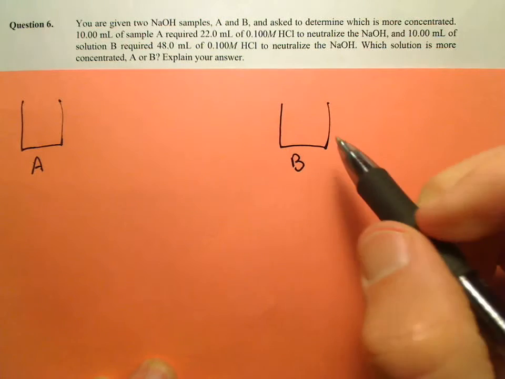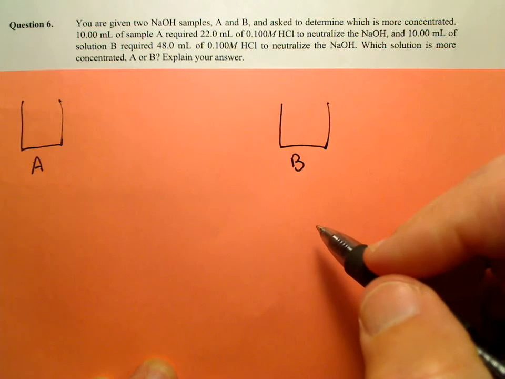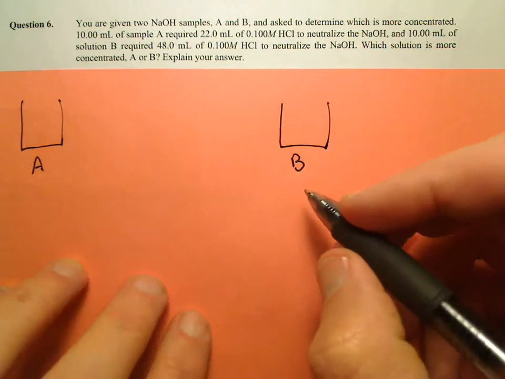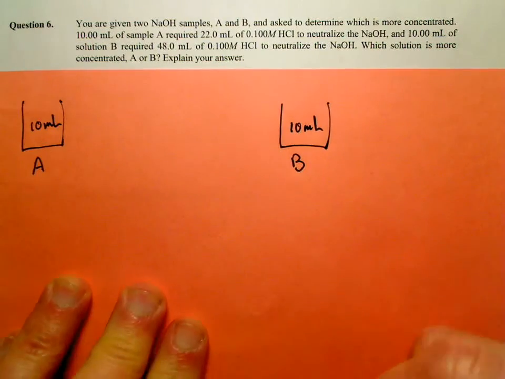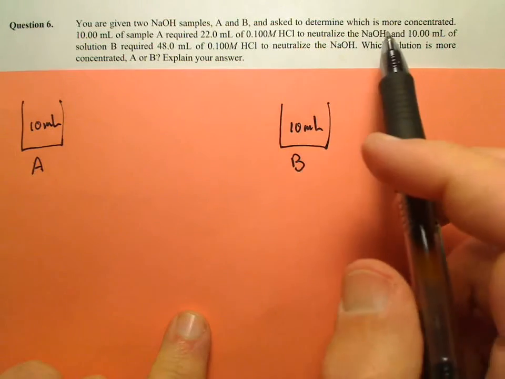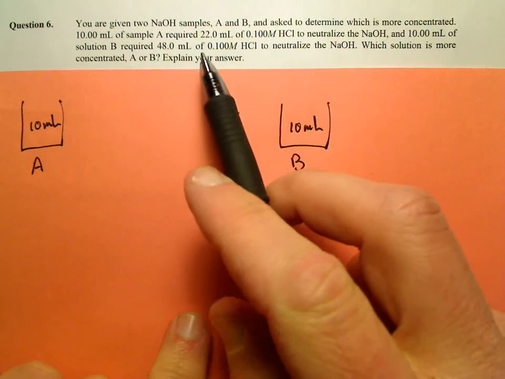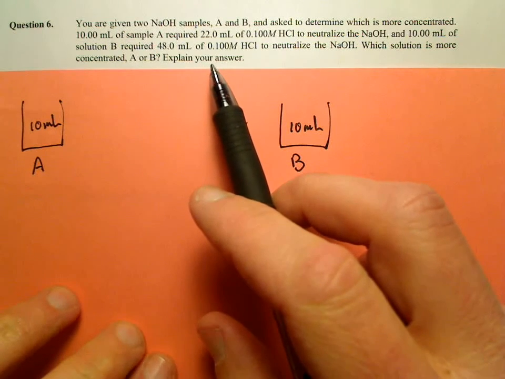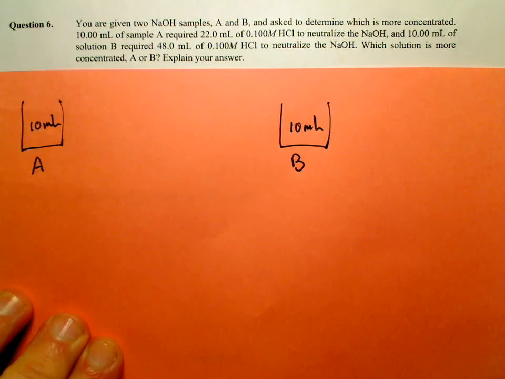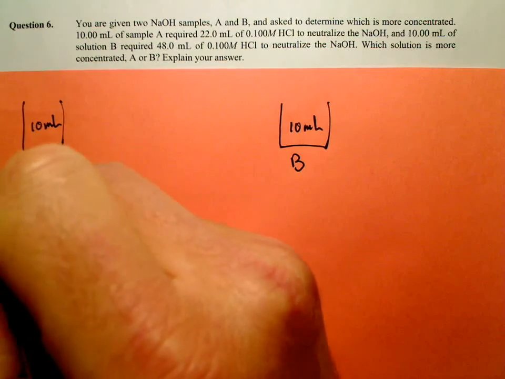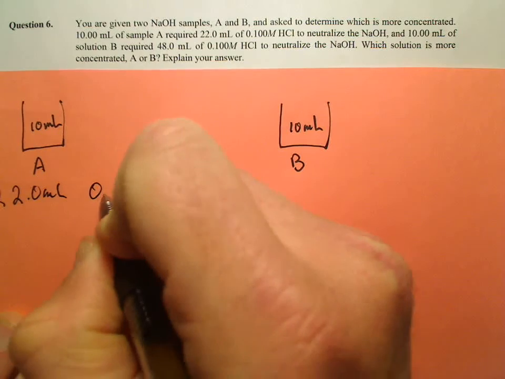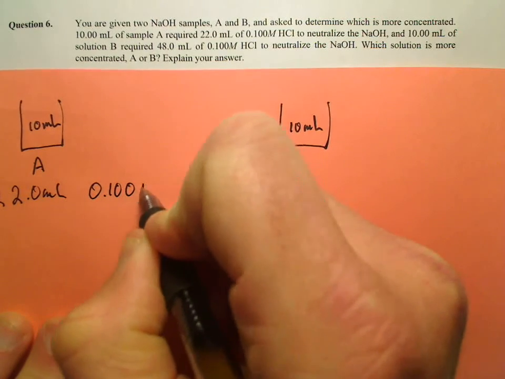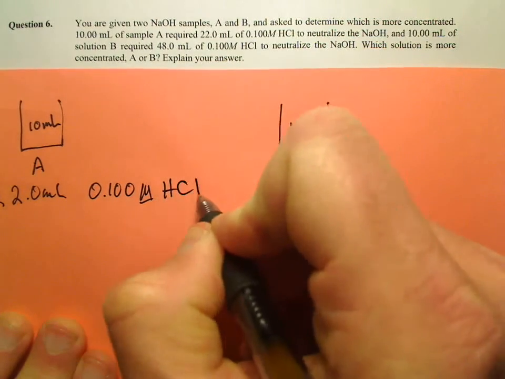And what do we know? Now they're both sodium hydroxide samples, and we know if we have 10 milliliters of A, then we have 10 milliliters of B. Okay? And what do we do with those? Well, 10 milliliters of A required 22 milliliters of 0.1 molar HCl to neutralize that. So we have 22 milliliters of 0.1 molar HCl.